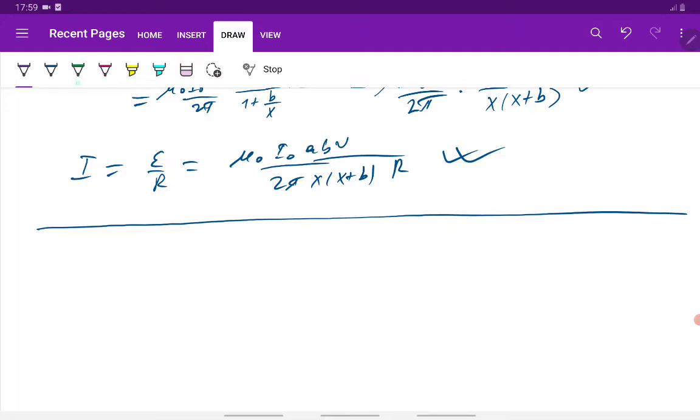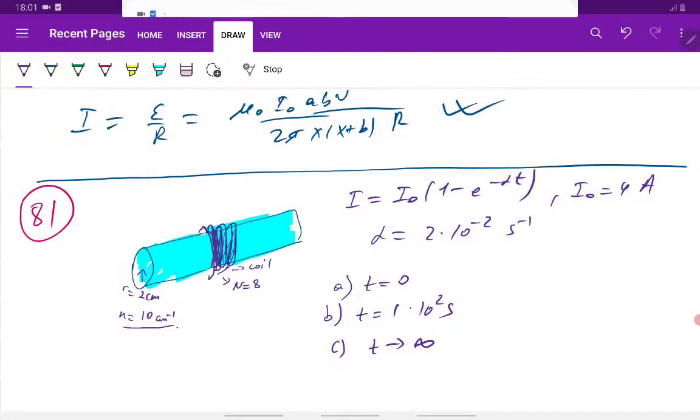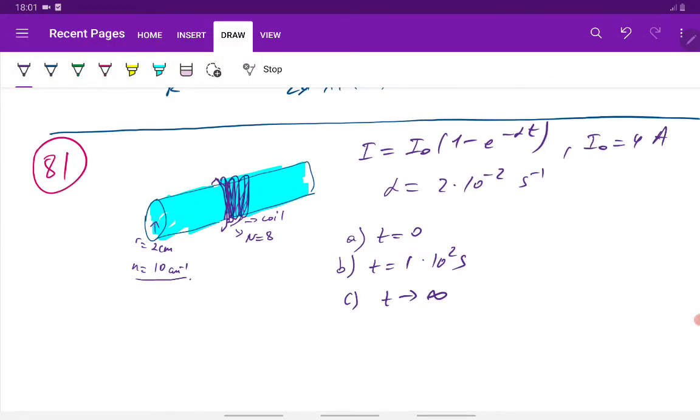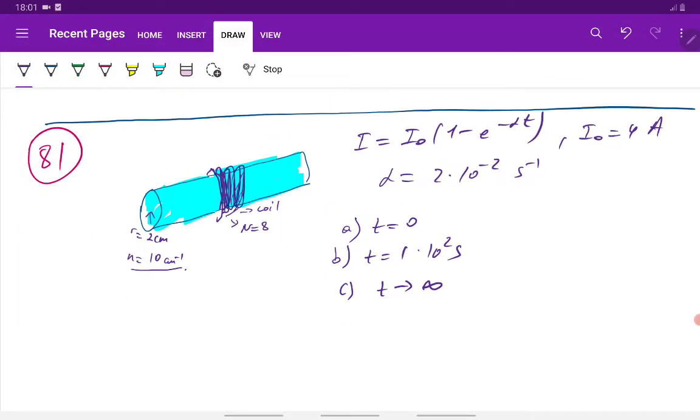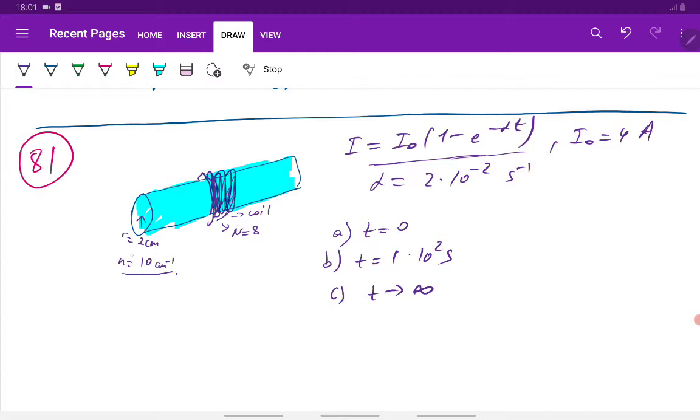I think it's also an interesting problem, so let me write. I wrote the problem statement. We are given a long solenoid which carries a given time-dependent current, which varies. The solenoid's radius is given and its number of turns per centimeter is given.